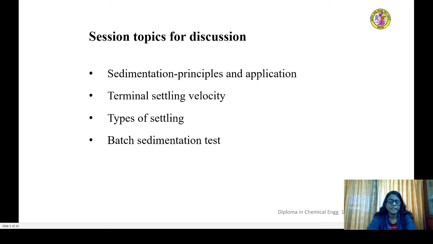After that we take up a topic titled batch sedimentation test, in which we study the mechanism of separation of solids in a batch sedimentation operation. That is an overview of the topics in today's class.